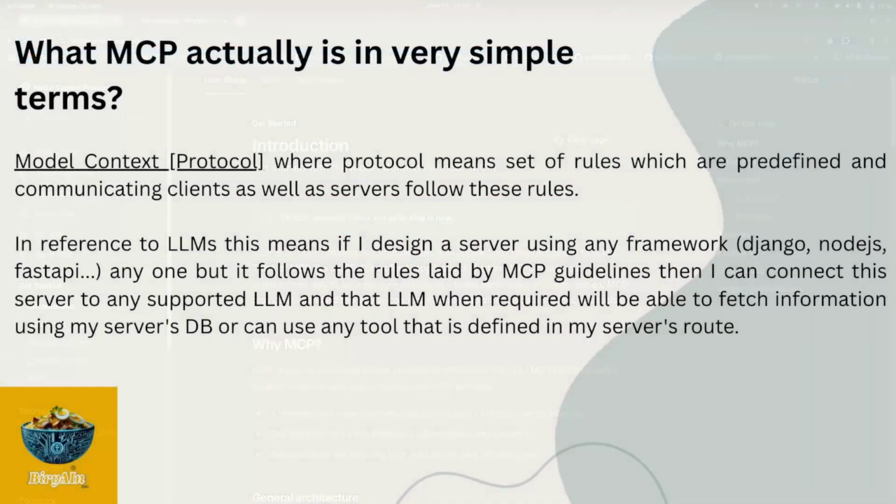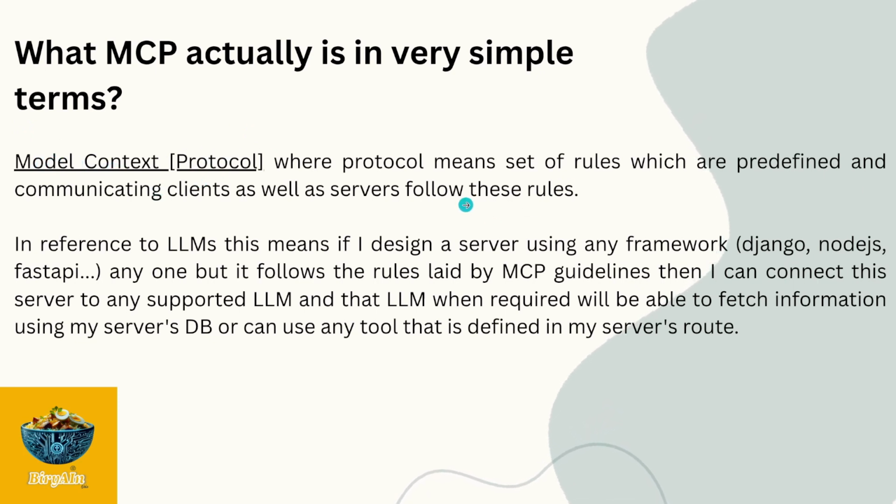So what is MCP in very simple terms? The full form of MCP is Model Context Protocol. Here, protocol means a set of predefined rules which the communicating server as well as client follow.